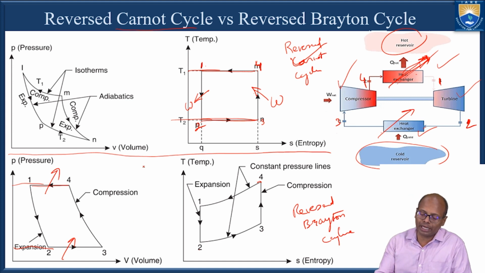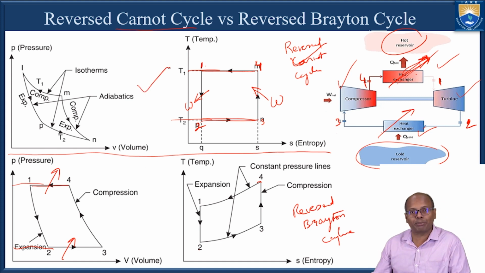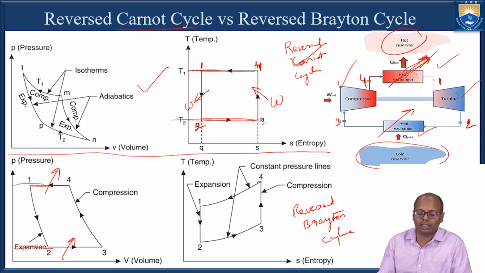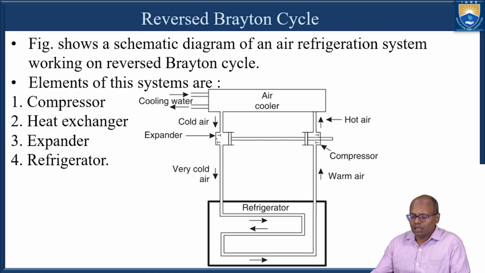So in order to make the reversed Carnot cycle a practical one, a small change was made, and that change is, instead of a constant temperature process, we are taking a constant pressure process. Now we will see the analysis of the reversed Brayton cycle.